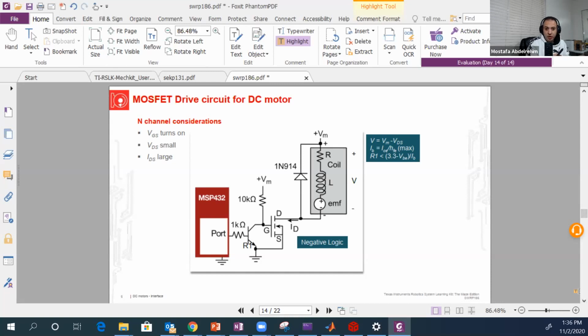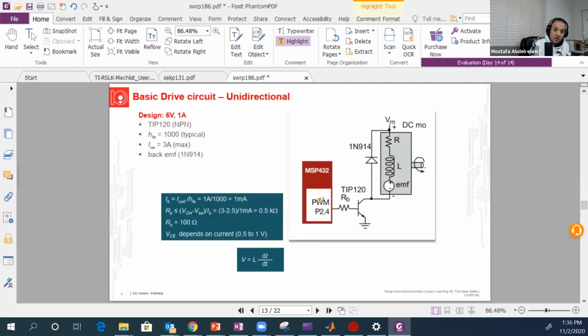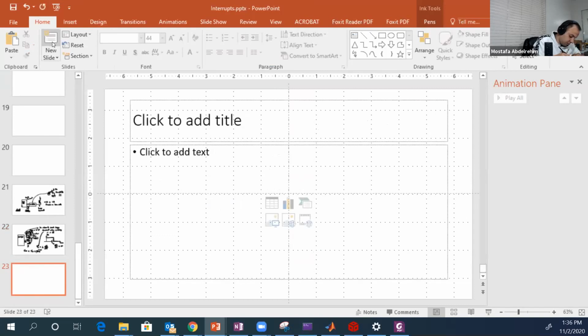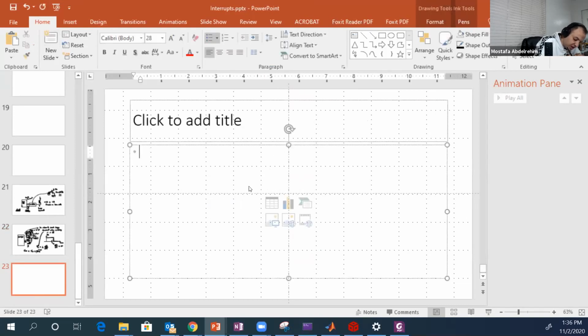But we have a problem so far with either this circuit or this circuit: the motor will run in one direction. Let's go back to this slide and look at the motor as a circuit element.